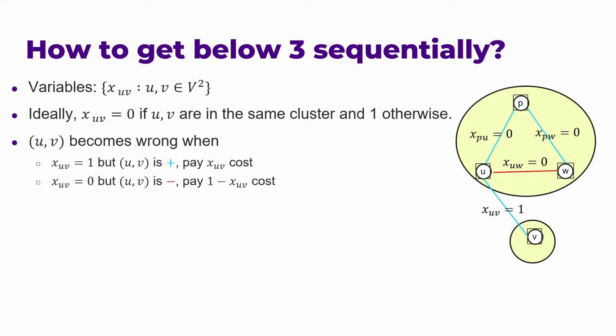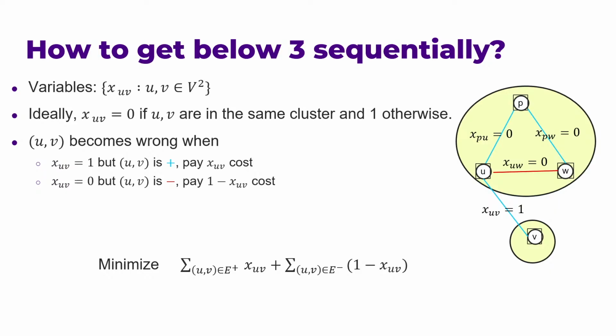The other case is the negative edge. Whenever we have a negative edge here, and we put them together, the distance is 0. We also have 1 cost. So the cost is 1 minus x. So this is the cost for this linear program. So we can write down the objective as the summation of x for all positive edges and the summation of 1 minus x for all negative edges.